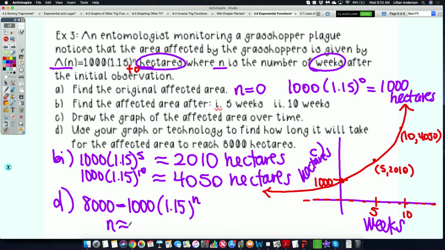Okay, so we have n is 14.87, and it's asking us to figure out how long. What am I going to put? 15. Would you round it all the way up? Does it want a whole number of weeks? Since it doesn't ask for a whole number of weeks, we want to just go ahead and use our 3 significant figures. So 14.9 weeks.